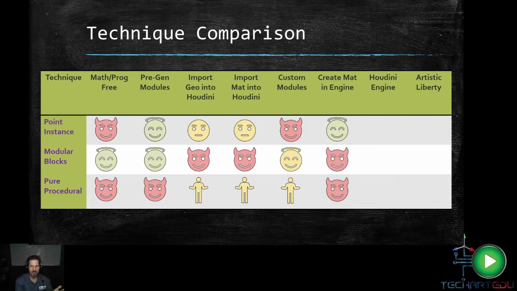So what about Houdini Engine? You know, we mentioned that before. Houdini Engine can really help speed things up. Okay, point instancing and purely procedural do give you access to Houdini Engine. Houdini Engine, just as a repetition so it will beat into you, is really awesome.